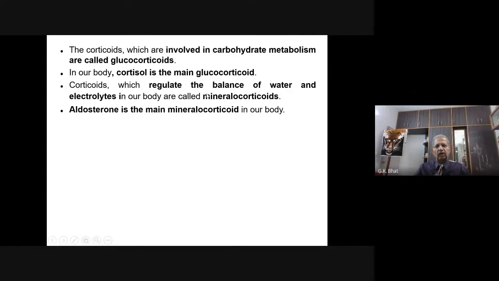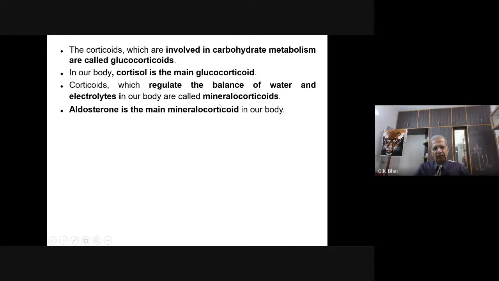Corticoids which regulate the balance of water and electrolytes in our body are called mineralocorticoids. Mineral is concerned with maintenance of electrolytes and water. Aldosterone is the main mineralocorticoid.